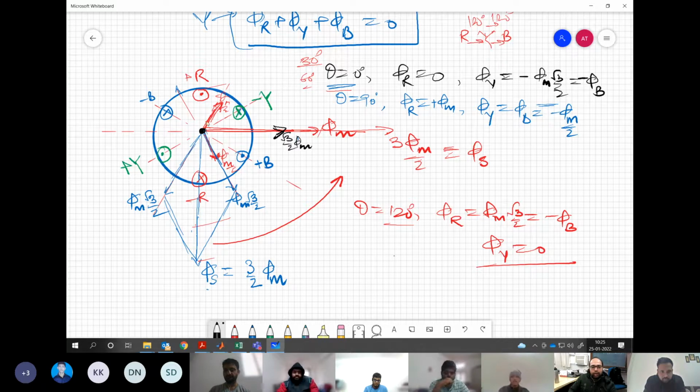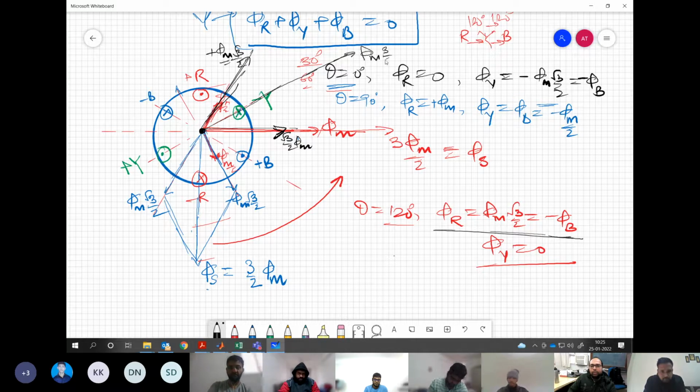And b has a value which is minus phi m times root 3 by 2. Because I am drawing on the negative axis, I am not writing minus. Okay. So either on the axis or by magnitude, you have to somehow indicate that the quantity is going negative. So now the sum of these two will come along this y-axis and the magnitude will still be 3 by 2 times phi m. And it has rotated from here to here. You understand the point?